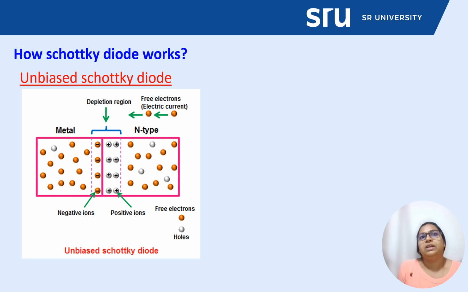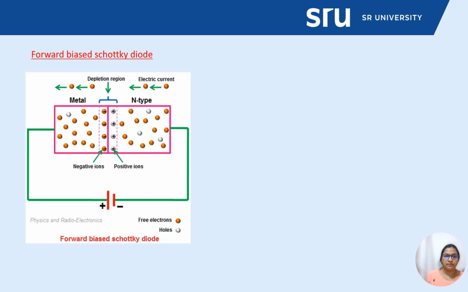Since we know that in the metal there are a lot of free electrons, the width over which these electrons move into the metal is negligible compared to the semiconductor, so the built-in potential is primarily present in the n-type semiconductor. So the built-in voltage barrier is seen by the conduction band electrons of the n-type while trying to move to the metal.